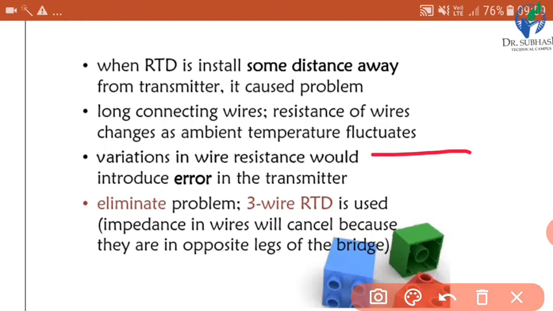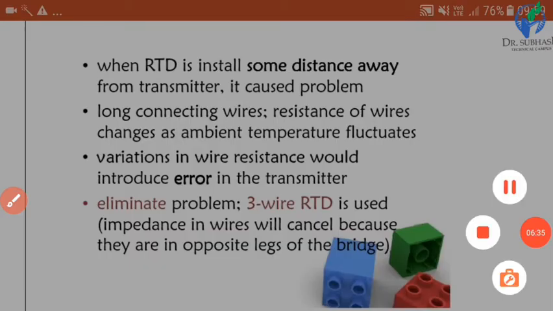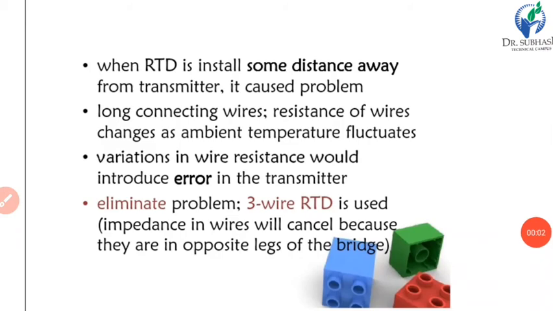So this is also a problem for a long distance transmitter. Variations in wire resistance would introduce error in the transmitter.